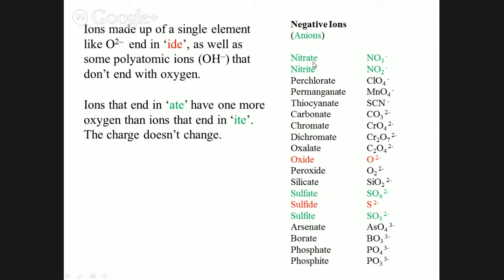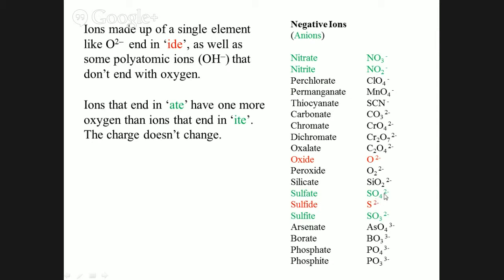So for instance, here's nitrate, nitrite, sulfate, sulfite, and even down here at the bottom, phosphate and phosphite. The thing is, the ATEs always have 1 more oxygen than the ITEs. So here is nitrate, NO3 minus. Here is nitrite, NO2 minus.